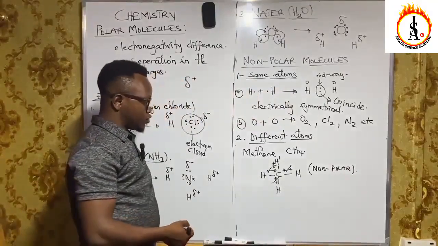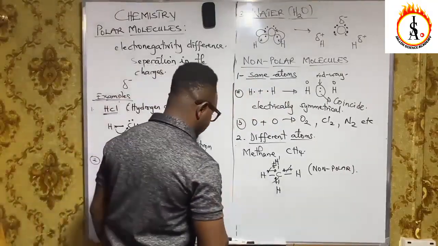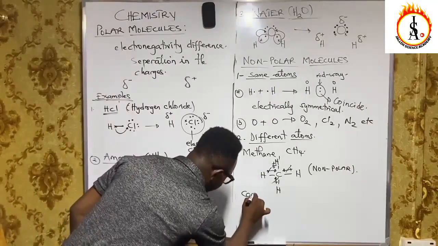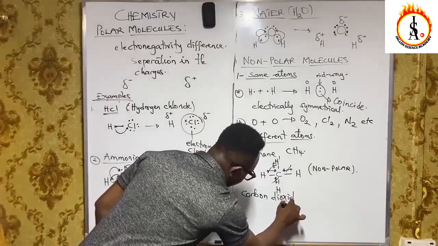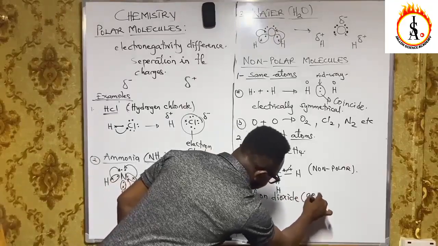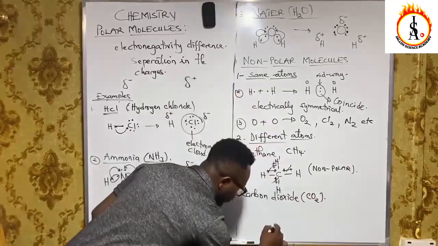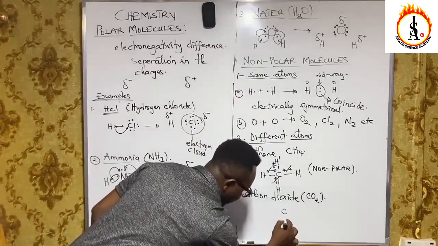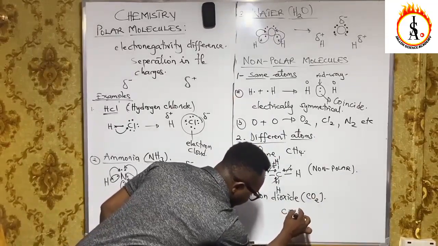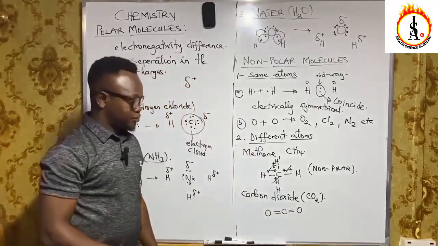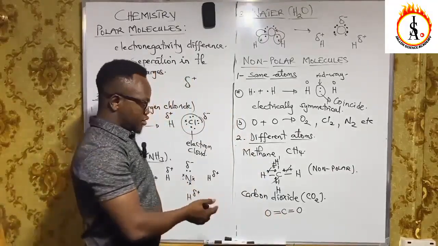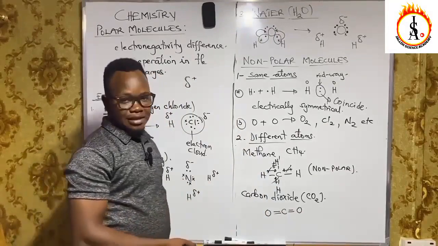Another example we can look at is the carbon dioxide molecule, CO2. In CO2, you have carbon as the center, doubly bonded to two atoms of oxygen. Oxygen we know is more electronegative than carbon.